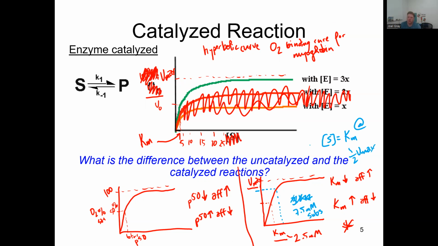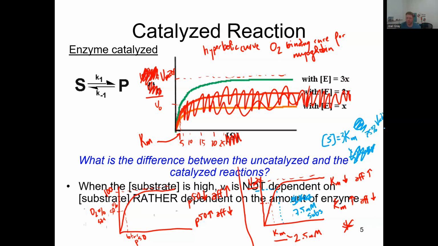Then what people have a tendency to think is, oh, well, if I double my substrate concentration, then I'm at Vmax. You're not. If you say your substrate concentration is 3 times your Km, you're at 75% of your Vmax. So in order to get closer and closer to your maximum velocity, you have to continue increasing the substrate concentration.